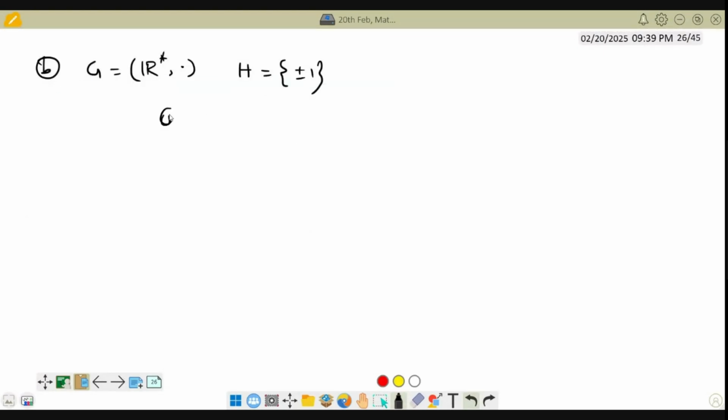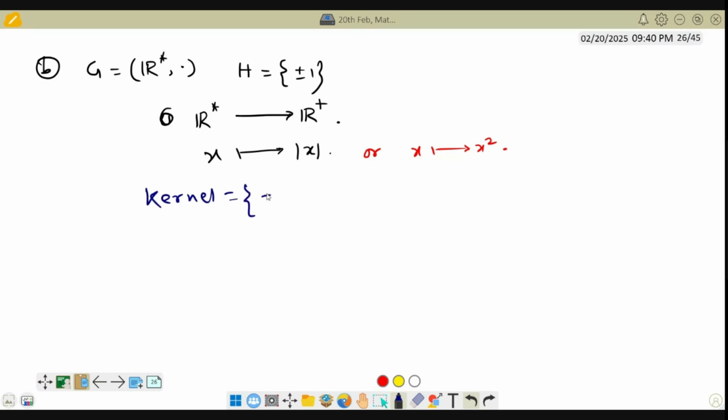So you need to define a map such that the kernel will be plus minus 1. Mod of X, yes, mod of X. Or you can send X goes to X square also. Then the kernel will be plus minus 1, and this is an onto homomorphism. So done.